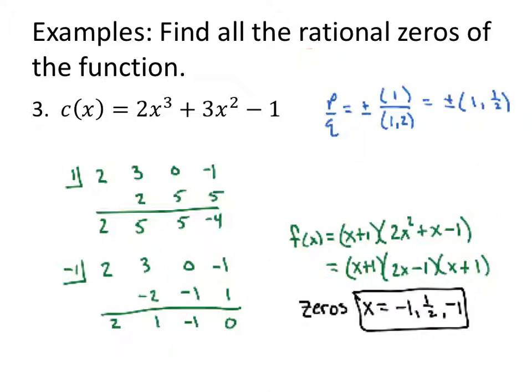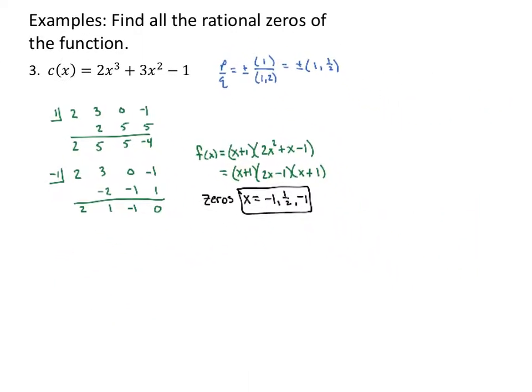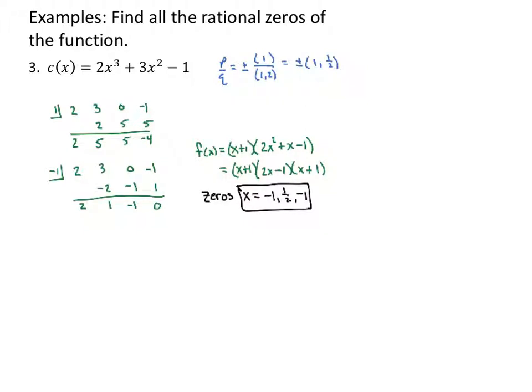What would actually happen here? I would probably continue on. I know many people don't actually like factoring, especially if there's a leading term that's not 1 in front of your square. So what I might do, let's keep this going in green here, is I would take this bottom row, 2, 1, negative 1, and now I would try my next value.